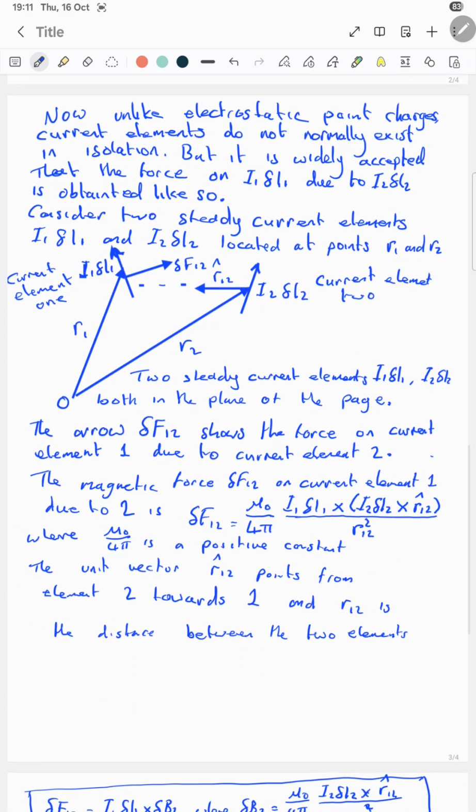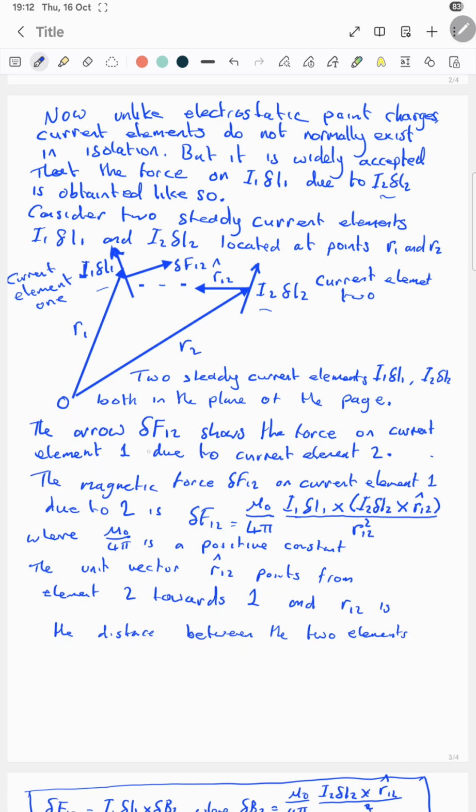Now, unlike electrostatic point charges, current elements do not normally exist in isolation, but it is widely accepted that the force on a current element 1 due to a current element 2 is obtained like so. Consider two steady current elements, element 1 and element 2, located at points r1 and r2, here and here, both in the plane of the page.